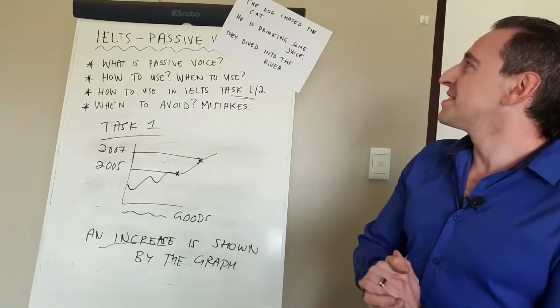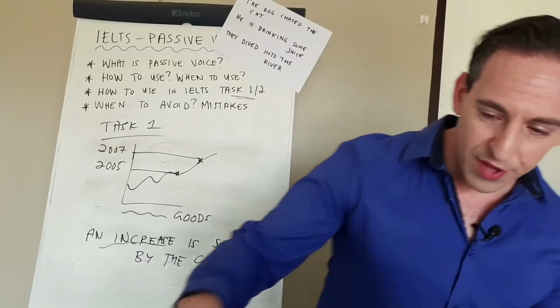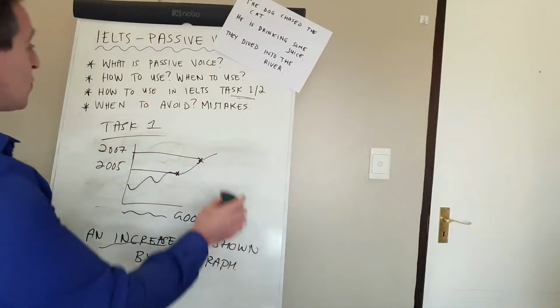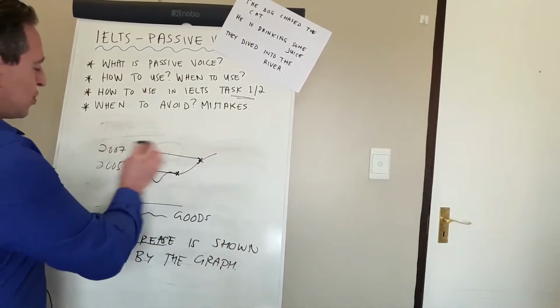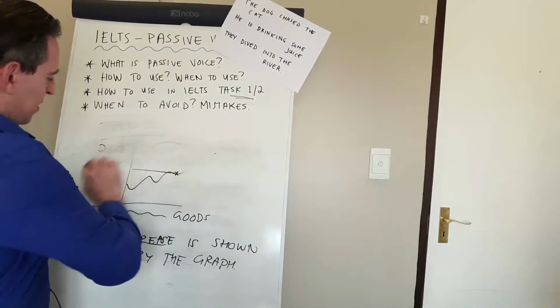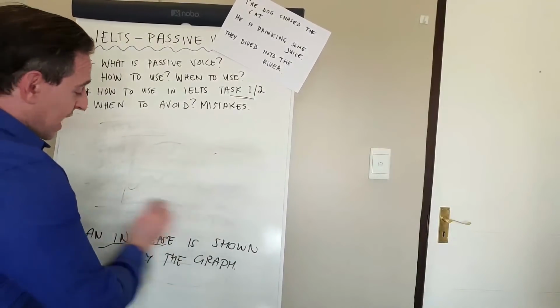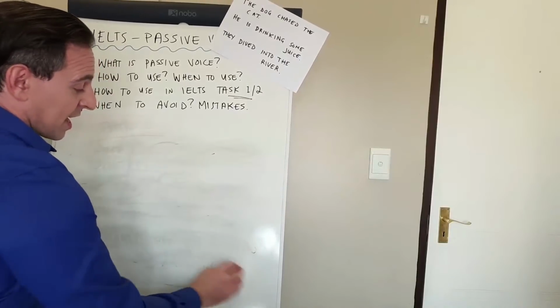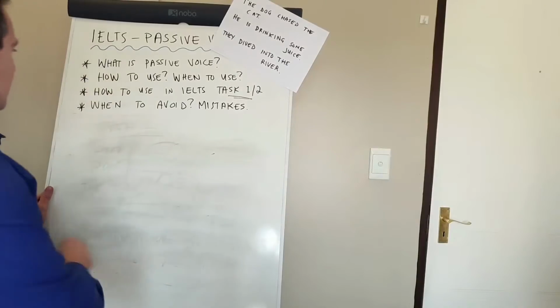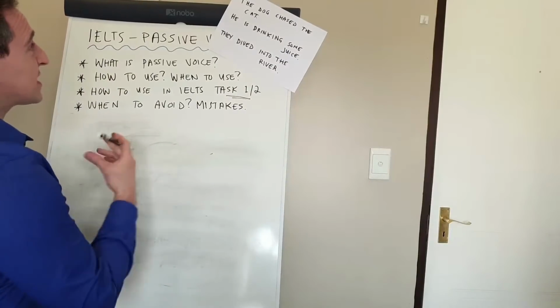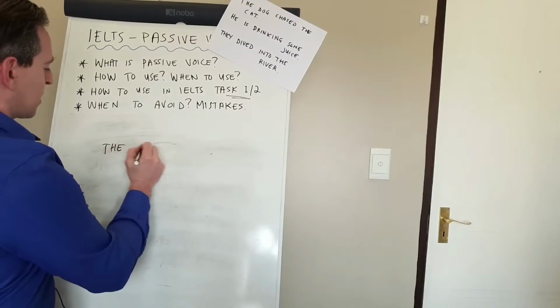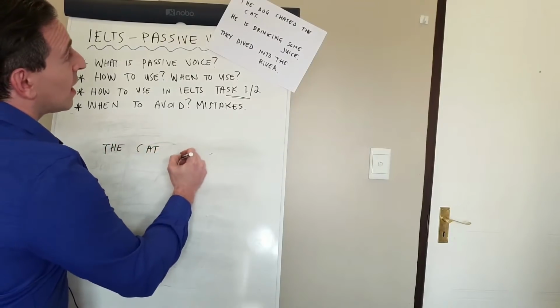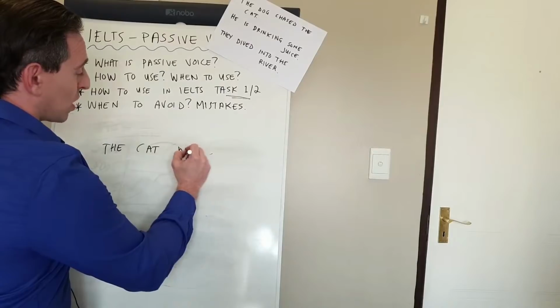All right. So let me write up the proper answers for them, and then we can move on to task 2 and how you can use passive voice to add some complexity to the writing, and we'll also look at a few mistakes. So this is the cat was chased.